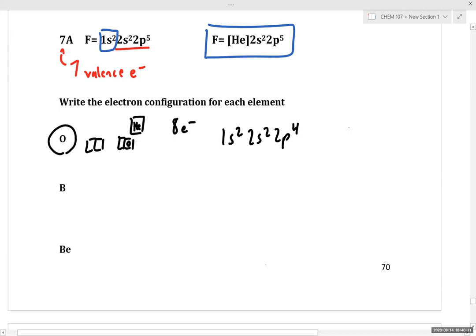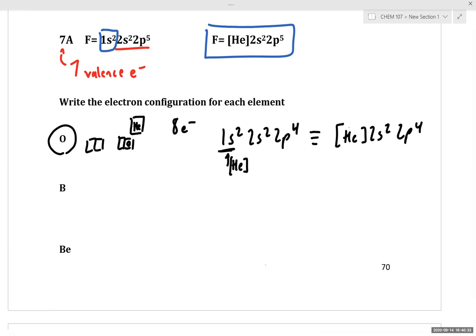We can abbreviate these inner shell electrons as our closest preceding noble gas, which is helium. So we'd write our abbreviated configuration as helium 2s2, 2p4. Does that make sense to everyone? Is everyone comfortable with this idea?